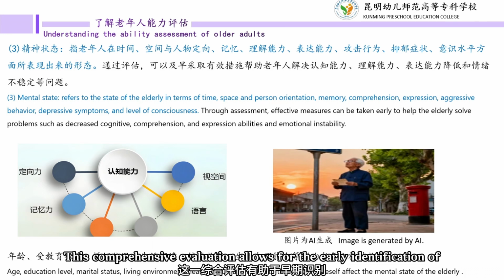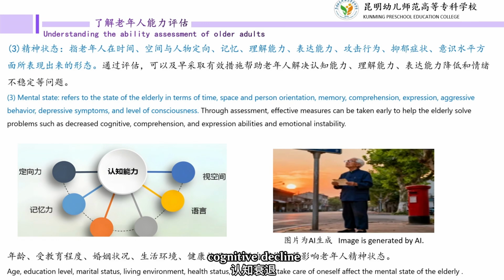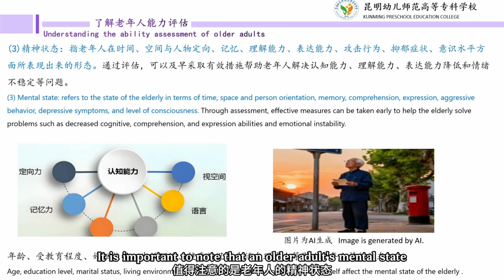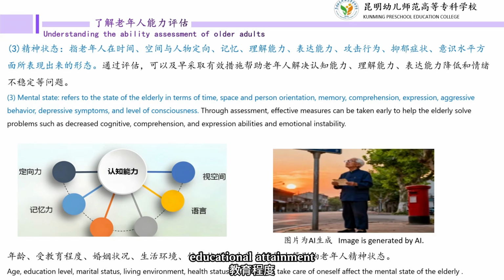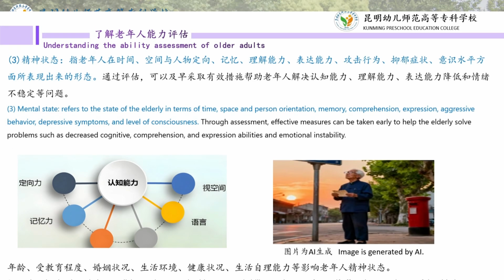This comprehensive evaluation allows for the early identification of cognitive decline, communication deficits, and mood disturbances. It is important to note that an older adult's mental state can be influenced by a range of contextual factors, including age, educational attainment, marital status, living environment, overall health status, and functional capacity.